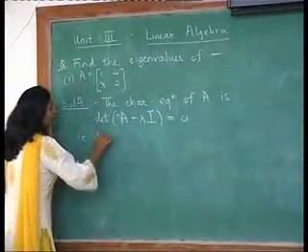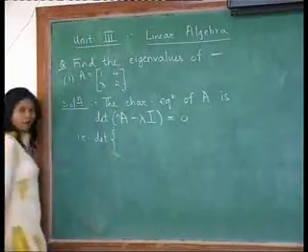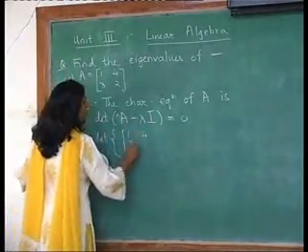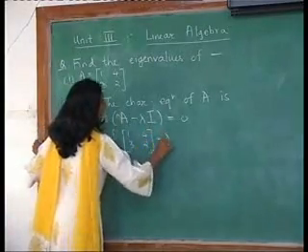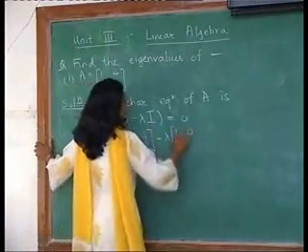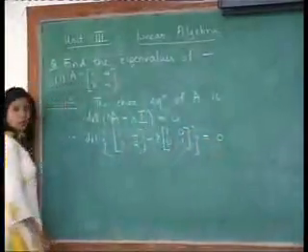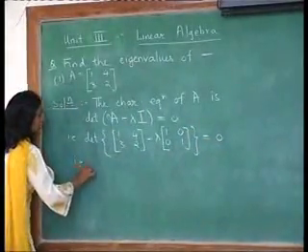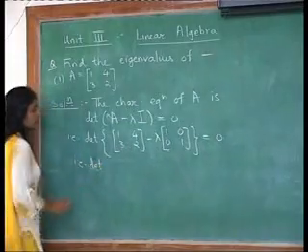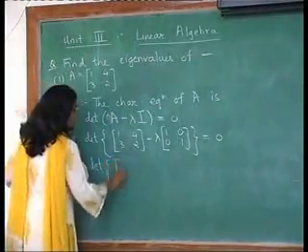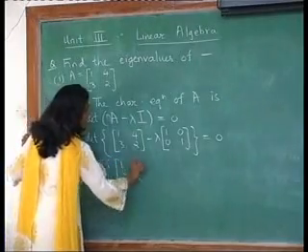That means it will be determinant of the matrix A, which is 1, 4, 3, 2, minus lambda times the identity matrix, equal to 0. That means we have determinant of 1, 4, 3, 2.